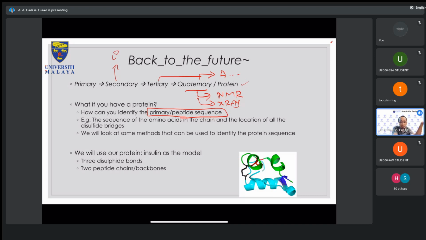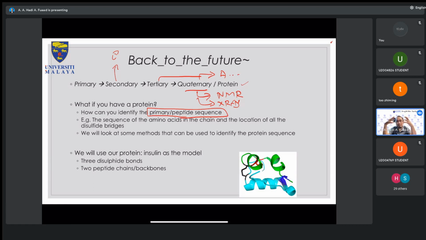You perhaps have learned about circular dichroism, or CD. Circular dichroism is a chemical technique that looks at the polarization of light. Remember when you learned about enantiomers, R and S or L and D? When you have a mirror image enantiomer, how did people previously identify whether it's L or D, for example for an amino acid?